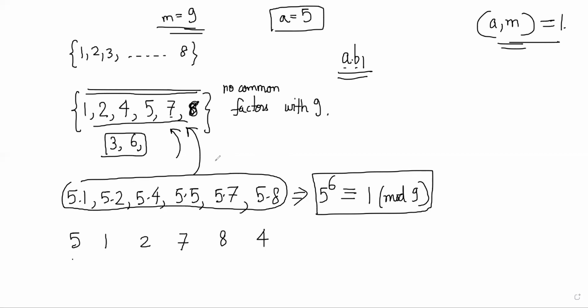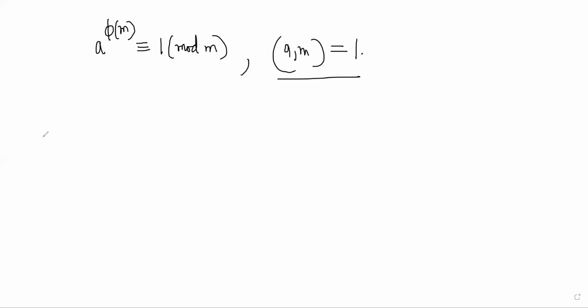Then what we need to figure out. So far what we have gotten is this result, that there is a formula, Euler's formula, a to the power phi of m is congruent to 1 mod m, where a and m have GCD 1, right?